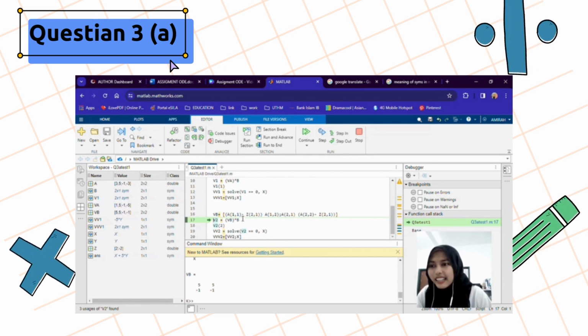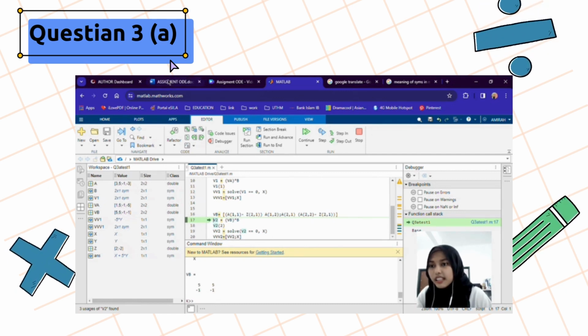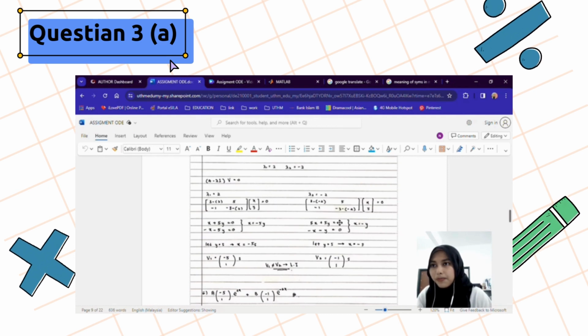So I write here 3 minus negative 2, and here negative 3 minus negative 2. Just like that, and it will display like this, 5 and negative 1, just like my answer here.